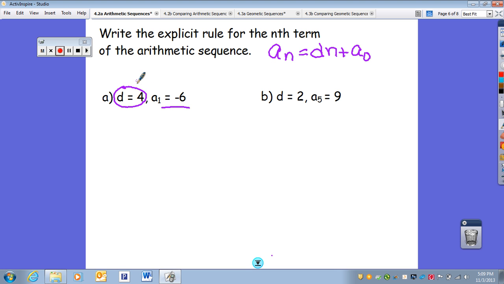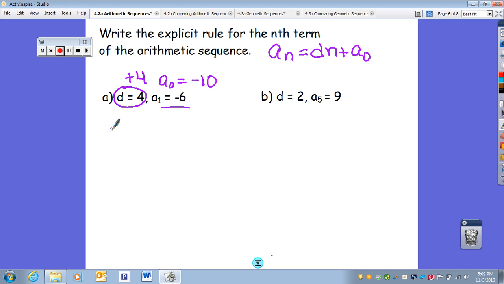So if I'm going to add 4, because it's a positive 4 each time to get to my next number, I want to know what a sub 0 is, which means I need to back up a term. So instead of adding 4, I'm going to subtract 4. Negative 6 minus 4 would give me negative 10. That will help me to back up to get my a sub 0. Now another way that we can do that is this.